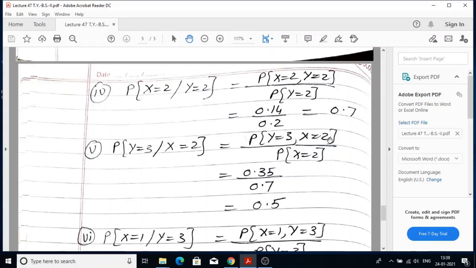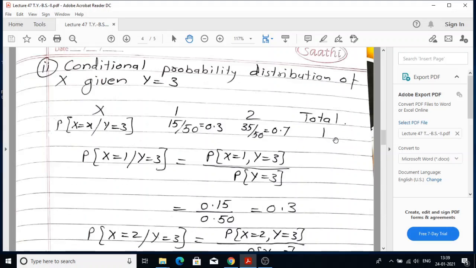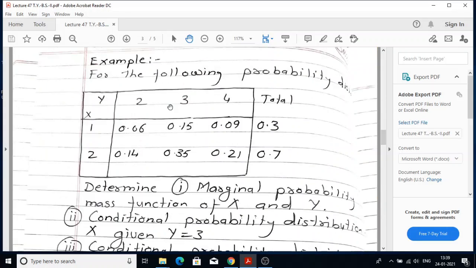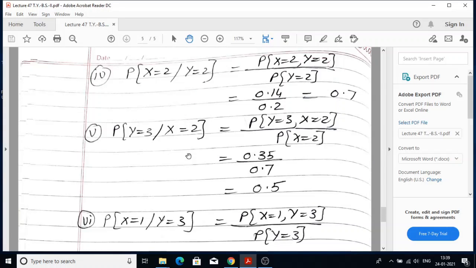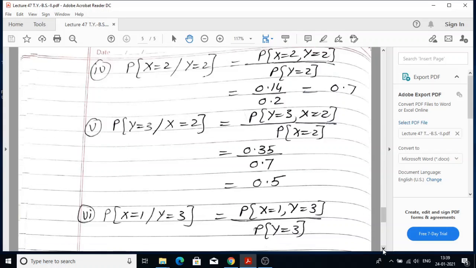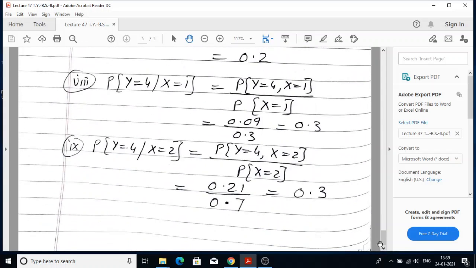Y is equal to 3 and x is equal to 2, the value is 0.35.